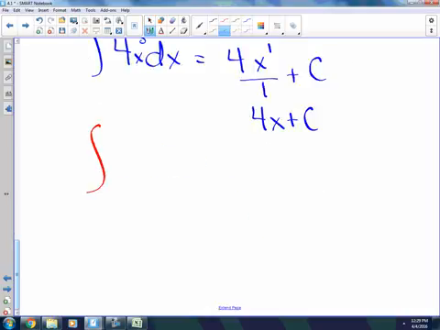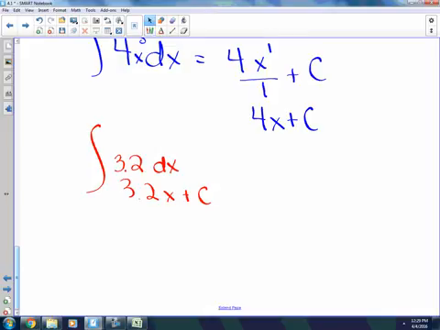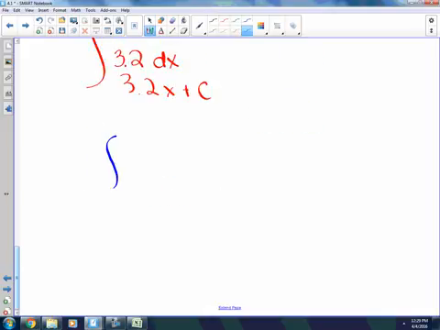So like what is the integral of 3.2? Good. 3.2x plus c is the answer. Okay, now let me give you this one, because this one's a little bit tricky. Nothing's in there.